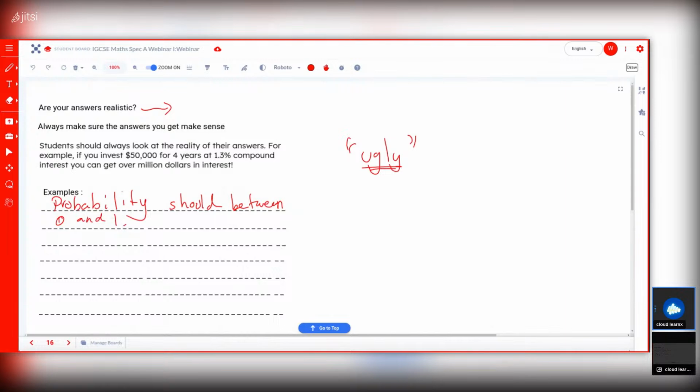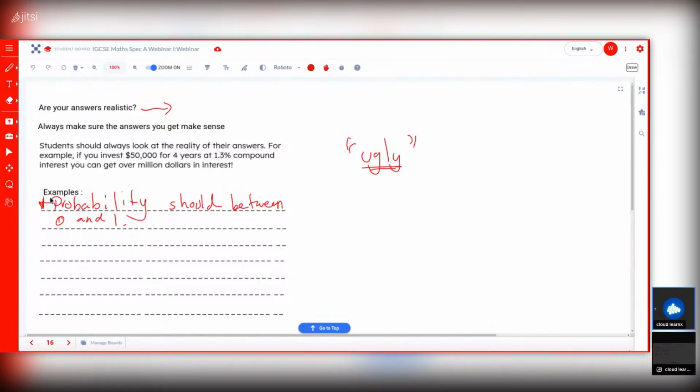But if you ignore the value of your answer and the practicality of it, like the idea that this is a probability, this is the chance of something happening, it really has to be within 0 and 1, that's when it's realistic. That's when you can identify errors. If you're ignorant about it, then that's not good.